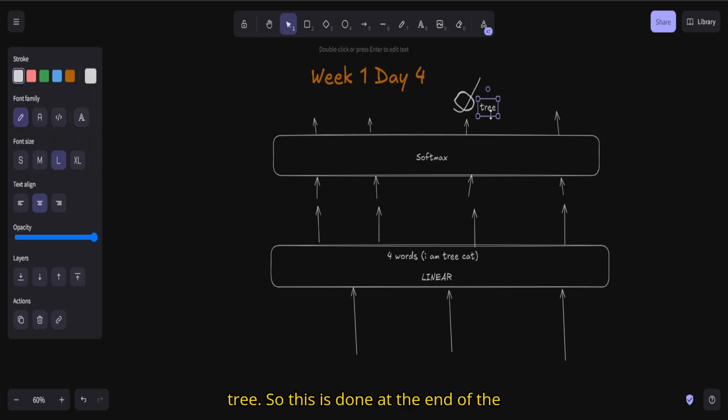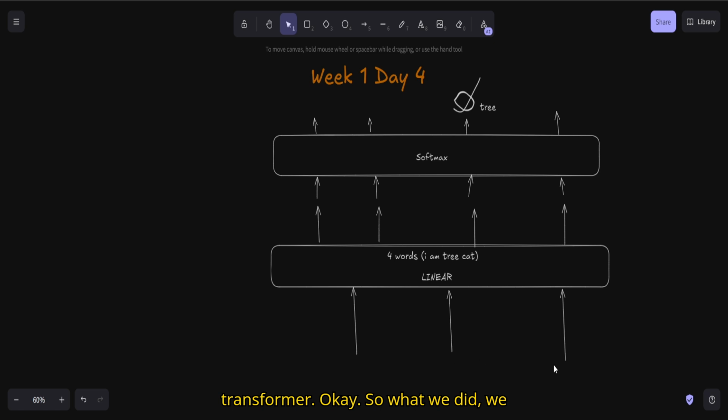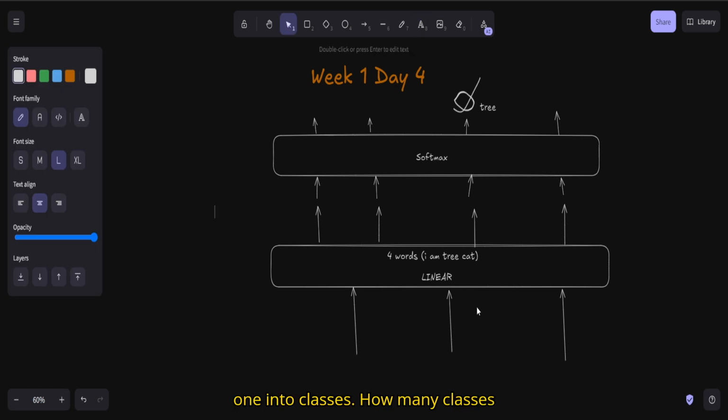So this is done at the end of the transformer. We take all the inputs from the transformer, whatever dimension they come in, and map them into one by the number of classes. It's basically a classification problem, or not directly a classification problem, but we are dividing it into one by classes, how many classes we have.